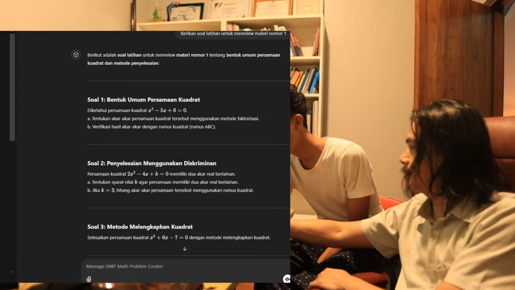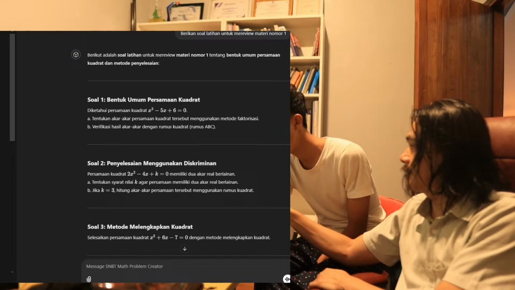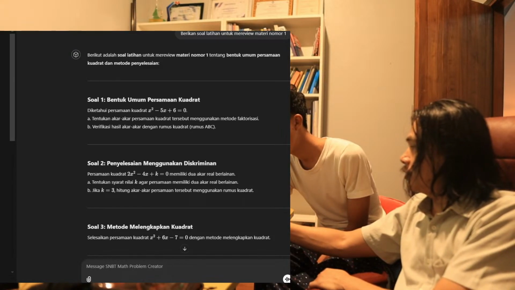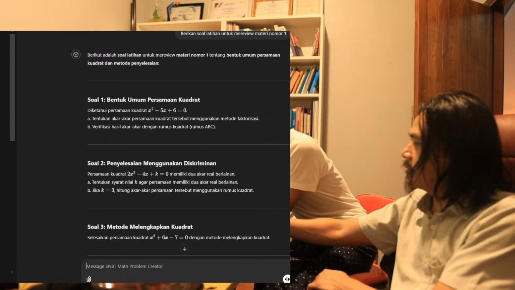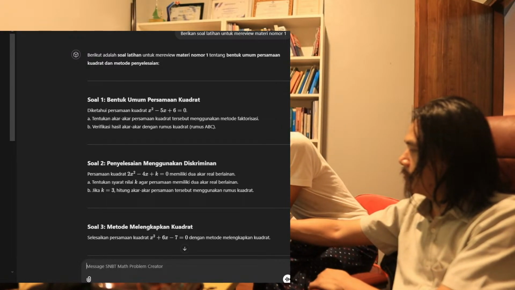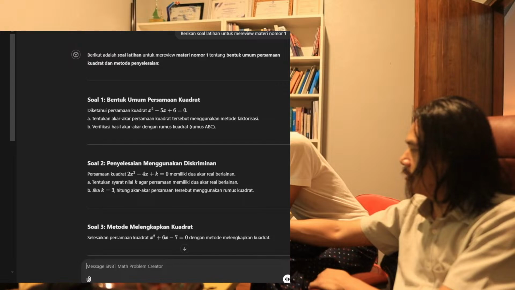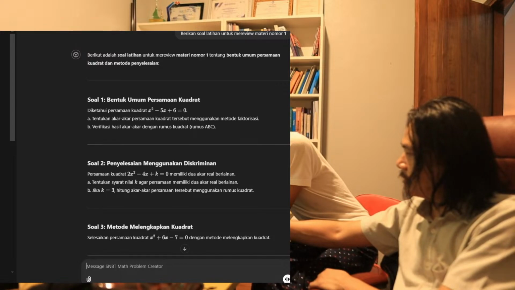So if we expand, it's going to be like this, just like you did. So if we do this one, we are looking for a and b so that a plus b is equal to negative 5, and a times b is equal to 6.